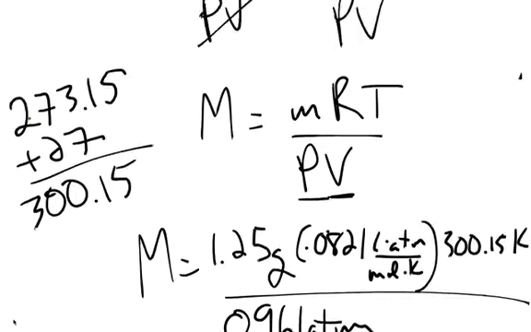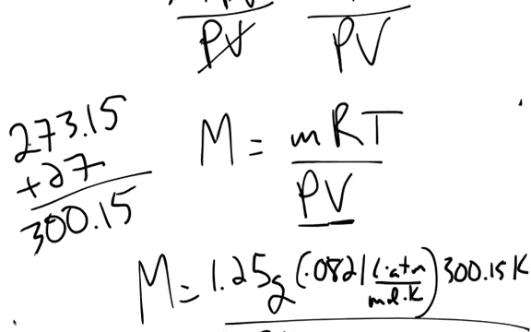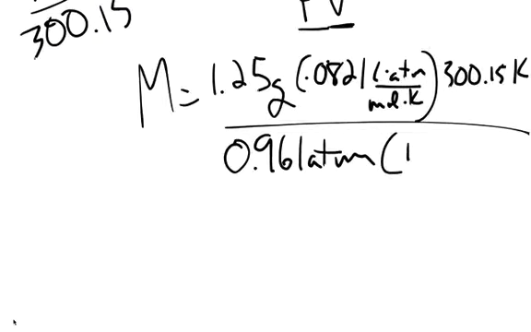And lastly, my volume. Let's go check what units my volume was in. Liters. Nice, and it's 1. Oh, that makes everything easy. So notice we just have to plug things in with the correct units. Now, I'm going to show you why we need the correct units. Because notice what our units on our constant are. Liters times atmospheres. Well, notice we have atmospheres and liters on the bottom, so those will cancel. Notice our Kelvin cancels with our Kelvin. Now, what units are left?